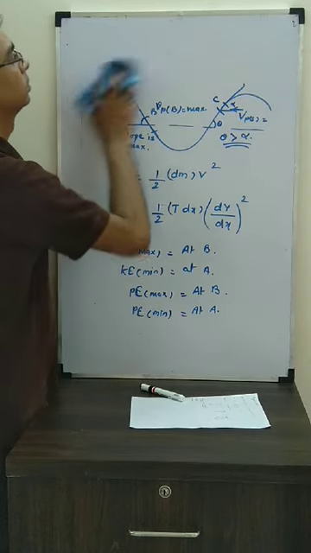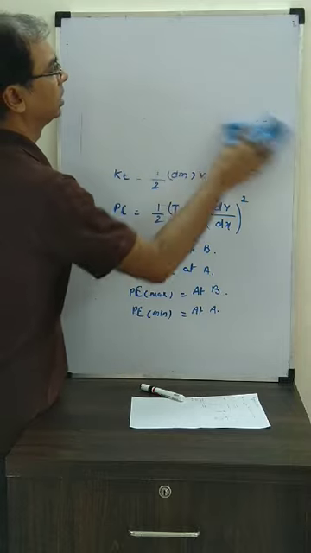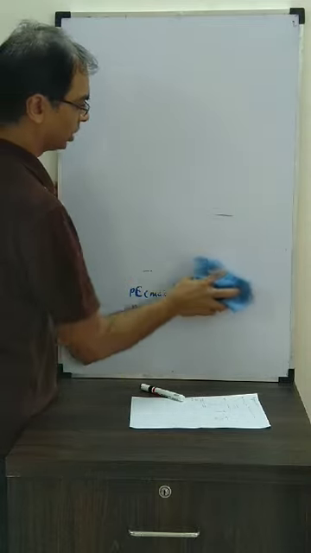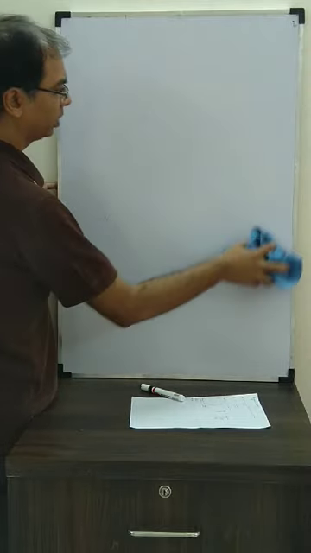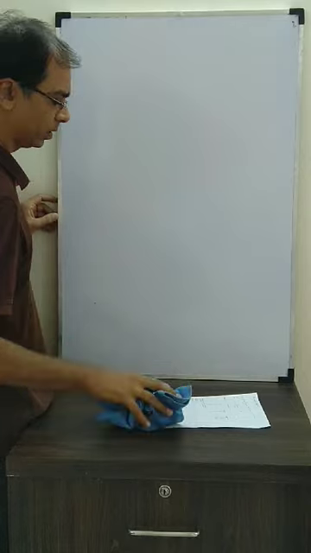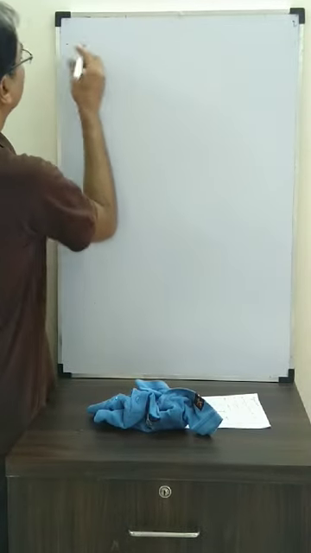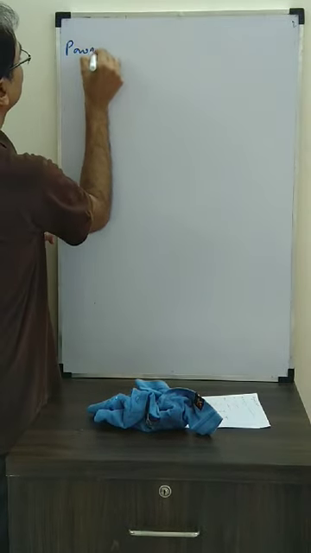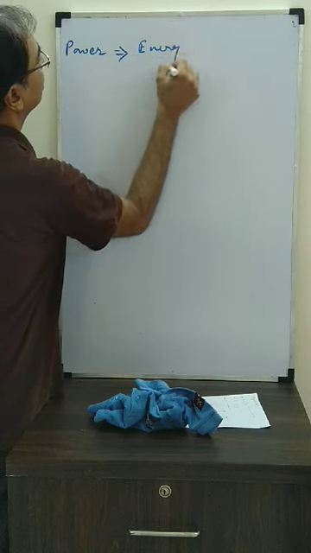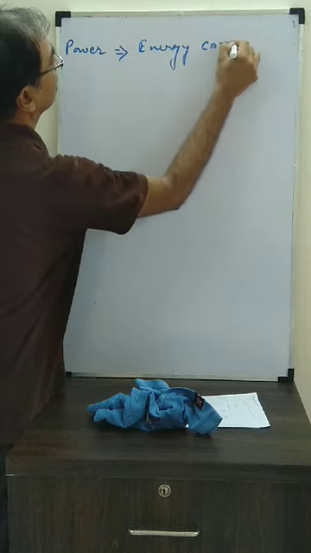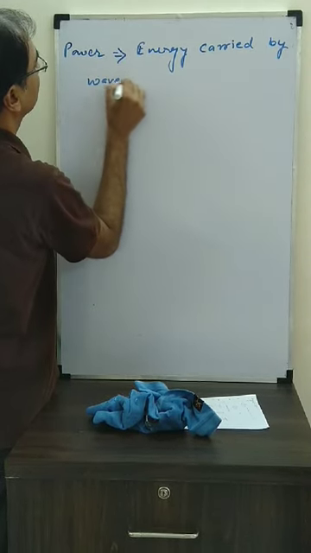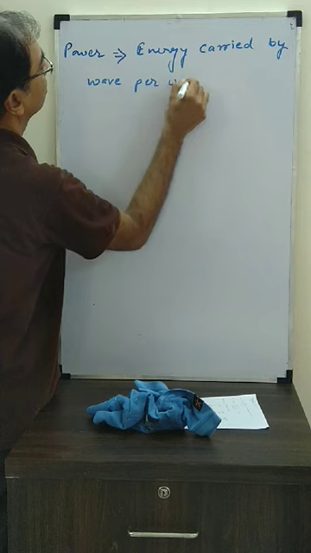Alright, let's see then power. What is power? Power is energy per unit time. The energy carried by the wave per unit time is called power. Power carried by wave or power transferred by wave. What do you write? Energy carried by wave per unit time.